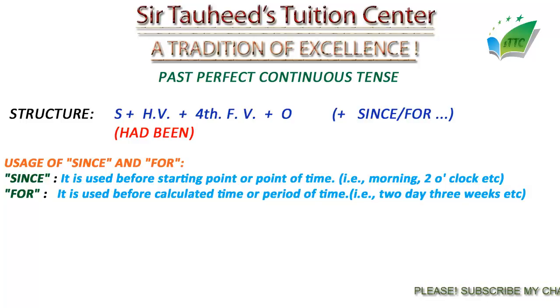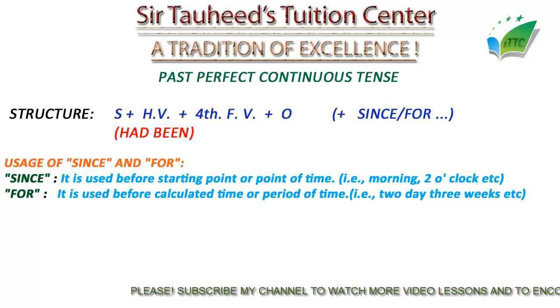But they are not necessary every time. Sometimes we don't mention time if it is understood. But if it is not understood, then we have to mention the timing or time period with the help of these two prepositions. First is called since and second is called for.